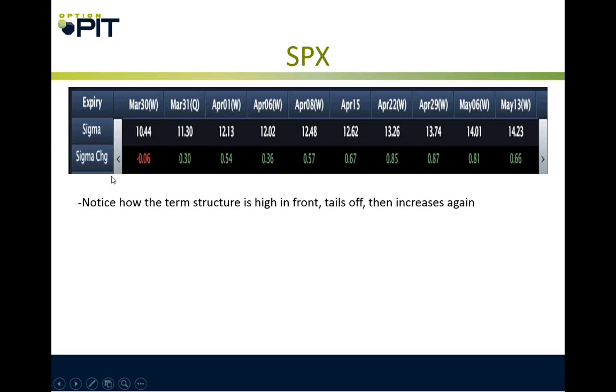The SPX option expiring tomorrow is somewhat expensive, but then over the balance of the term structure, volatility dips and then starts increasing again. If you draw a volatility chart, it might look kind of like a check mark.